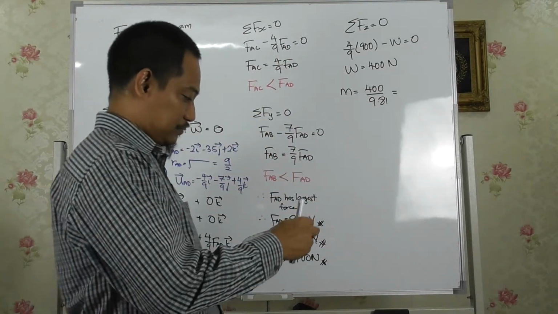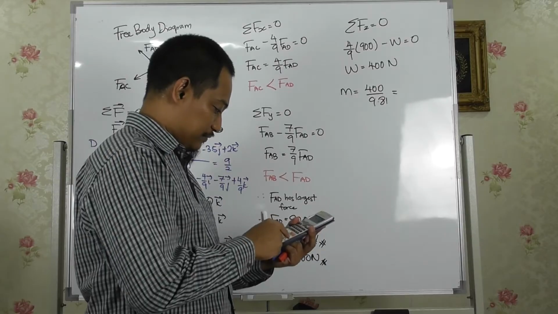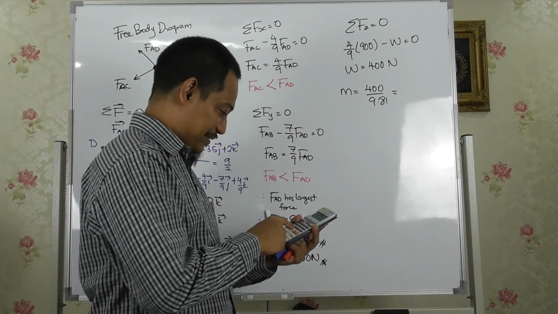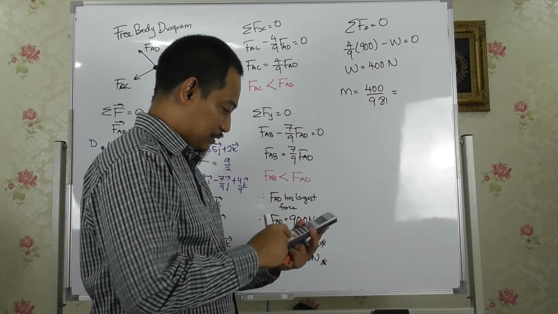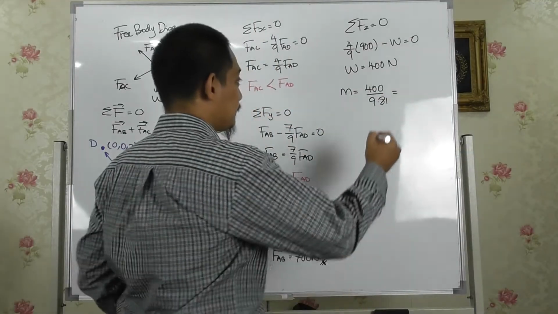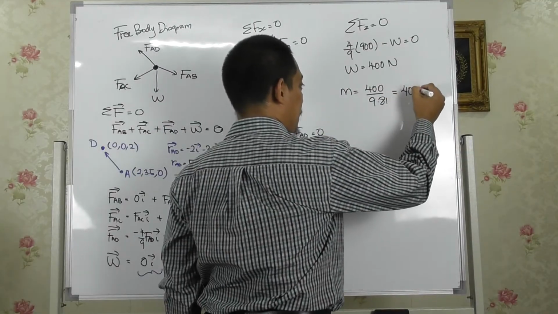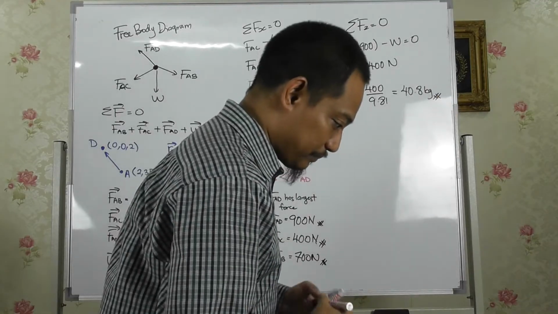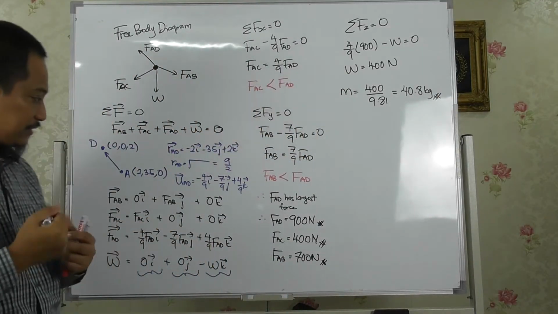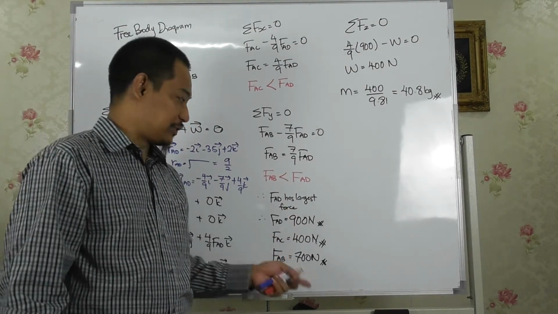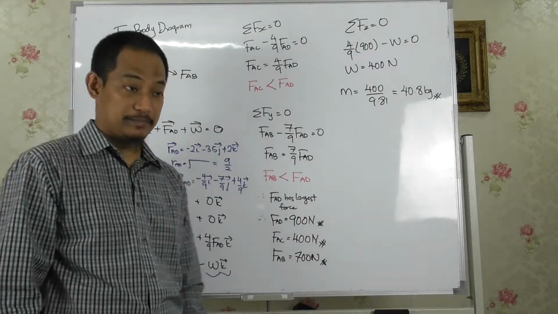So 400 divided by 9.81, sorry, not 900. So you'll get 40.8 kilogram, right? 40.8 kilogram, and the rest is the corresponding tension in the cable, right?